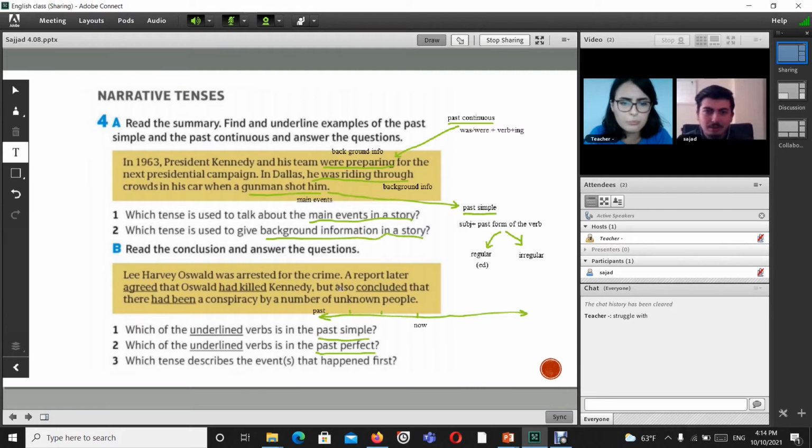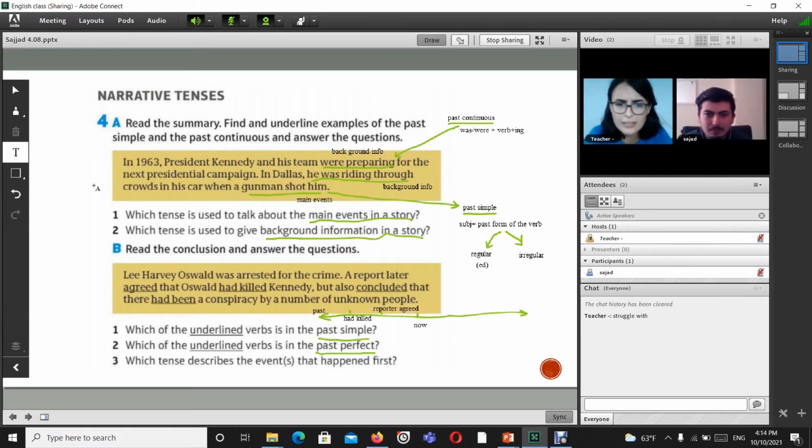So, both of the sentences happened when? Present or past? Past. Which one happened first? Killed Kennedy. Very good. So had killed happened first, and then the reporter later agreed that. Very good.